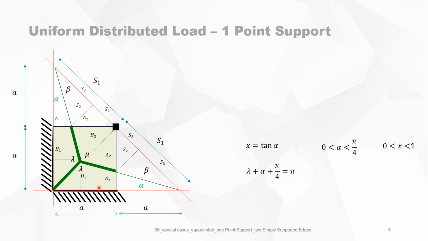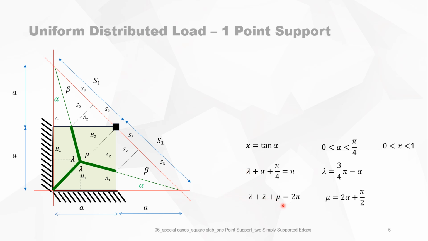We have some relations in this triangle, for instance. We get lambda plus 45 degrees plus alpha is in total 180 degrees. So we have this expression, and lambda is expressed as a function of alpha. Around this, the total is 360 degrees.